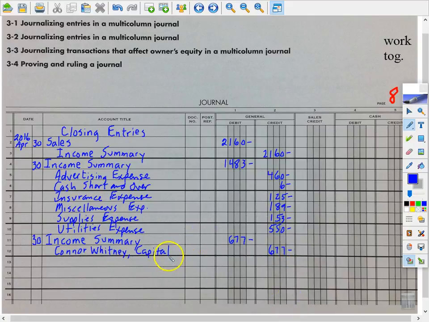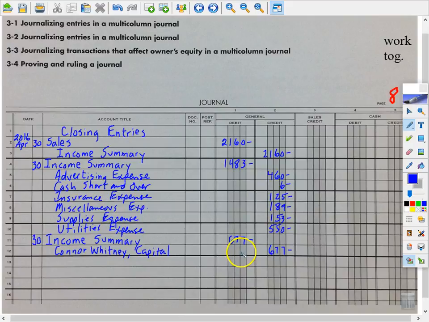Okay, now I got a question for you. At this point, what is the balance of our new account that we've just been introduced to called income summary? I know we haven't posted anything yet, but if we did, what would the balance of income summary be? We credited it $2,160. We did two debits of $1,483 and $677.